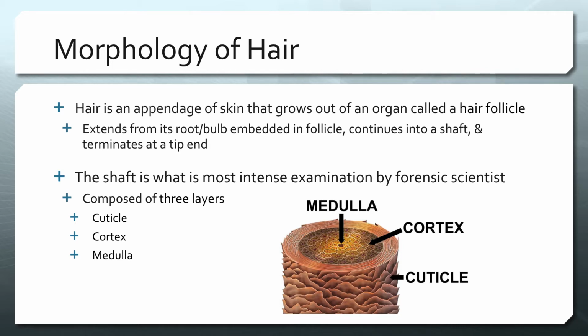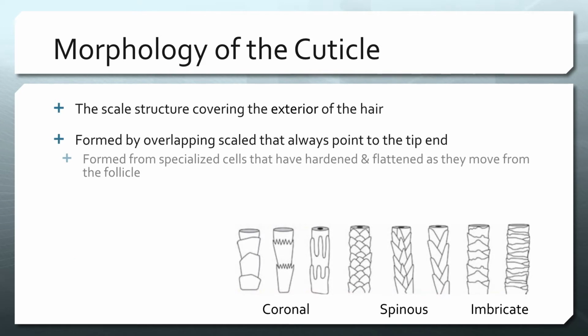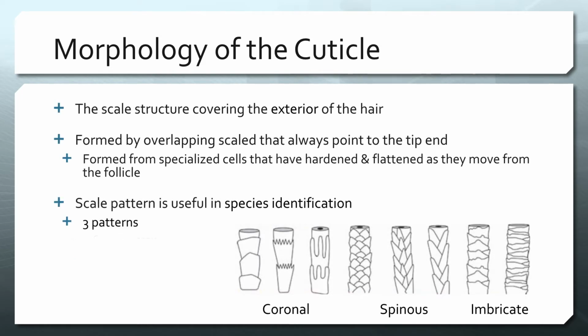The shaft is what is mostly examined by forensic scientists, and is composed of three layers: the cuticle, the cortex, and the medulla. We look at the morphology of the cuticle first. These are the scale structures that cover the exterior of the hair.